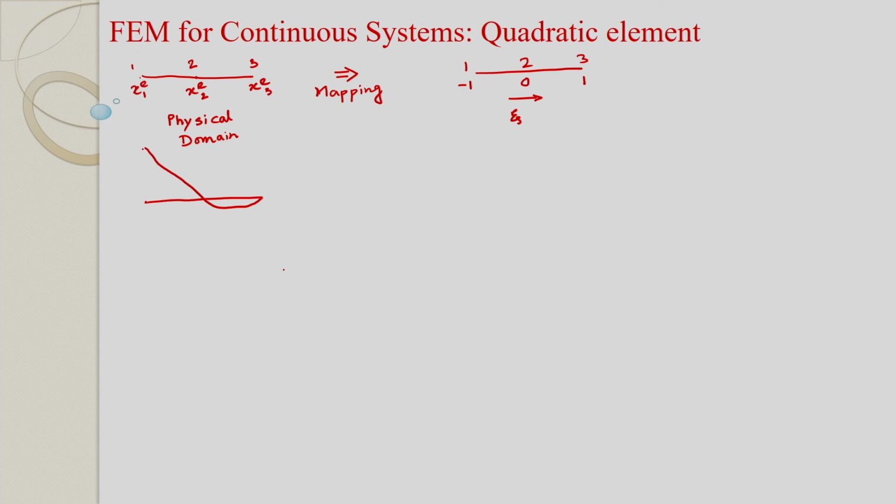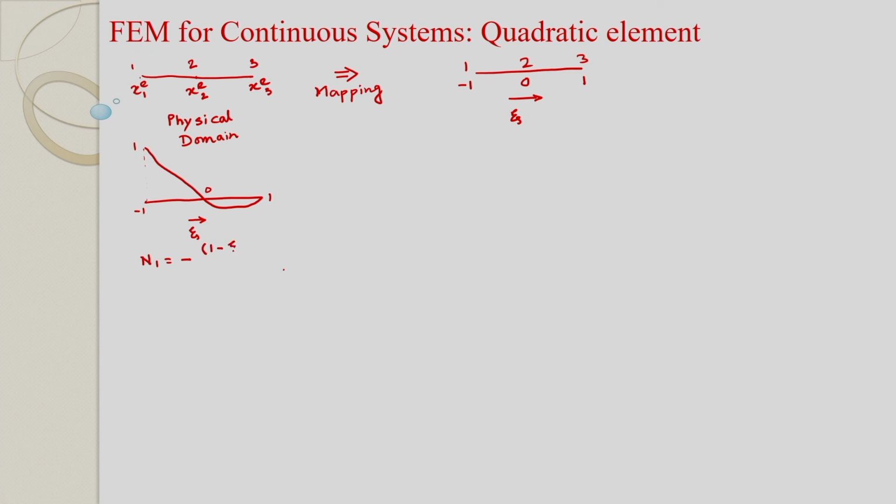It is such that in the master domain, N1 is 1 at xi equal to -1 and it is 0 at the 2 other points, xi equal to 0 and xi equal to 1.